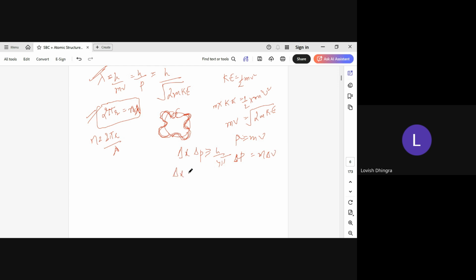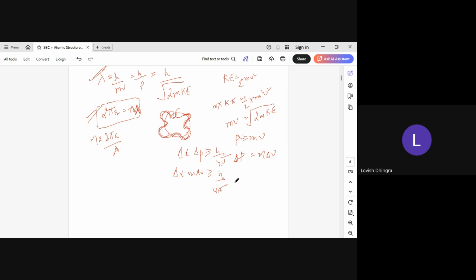So delta x into mass into delta v is greater than or equal to h upon 4 pi, where delta x is uncertainty in position, delta v is uncertainty in velocity, and m is the mass of the particle. So this was Heisenberg's uncertainty principle.